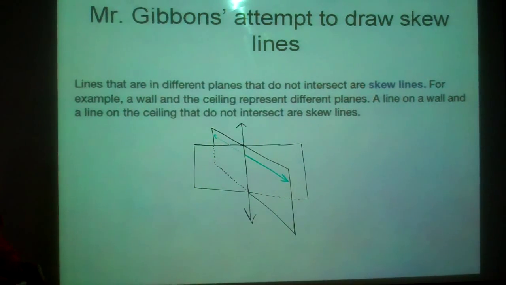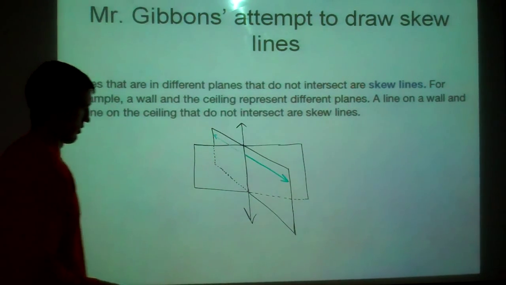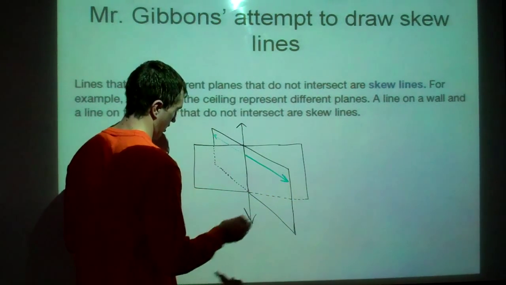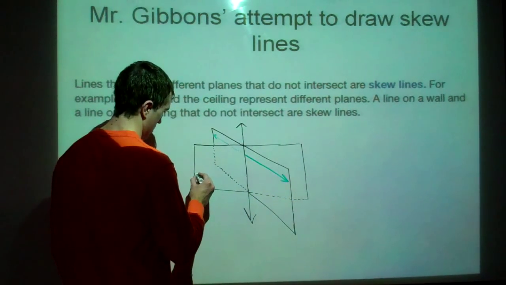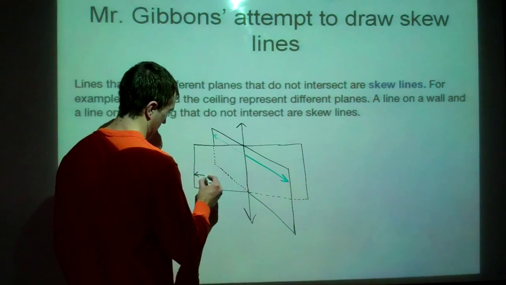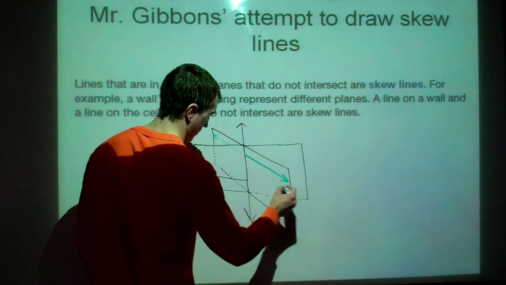Something like that on that wall, and then we're going to look at this wall right here. This one has, let's say we have a line that goes right like this.